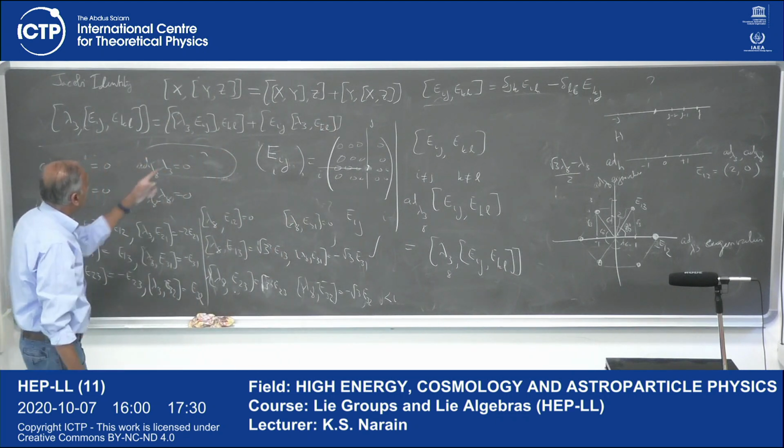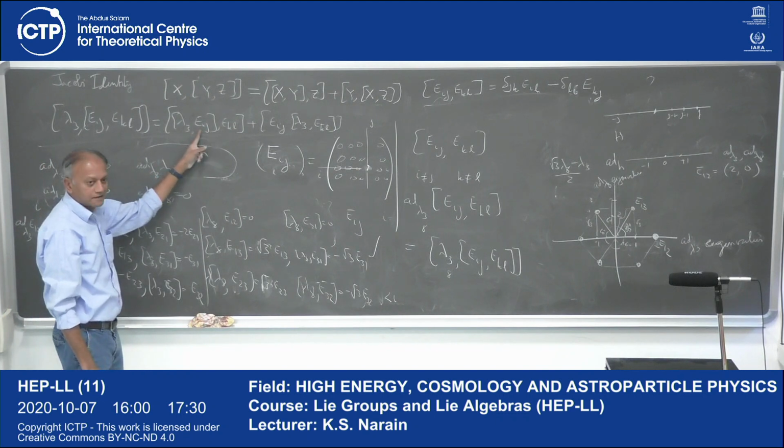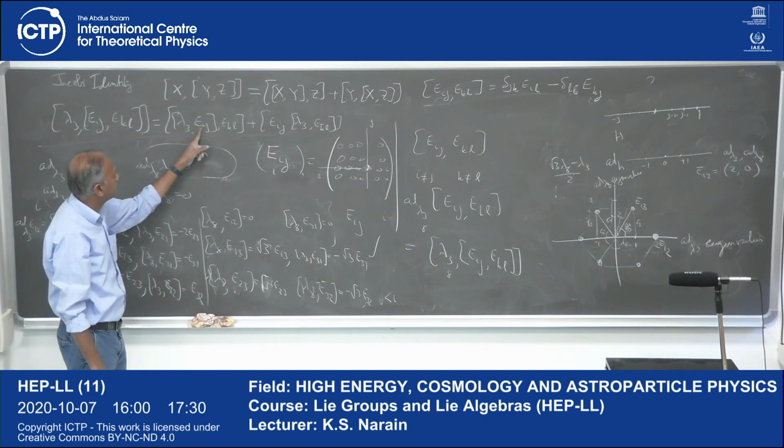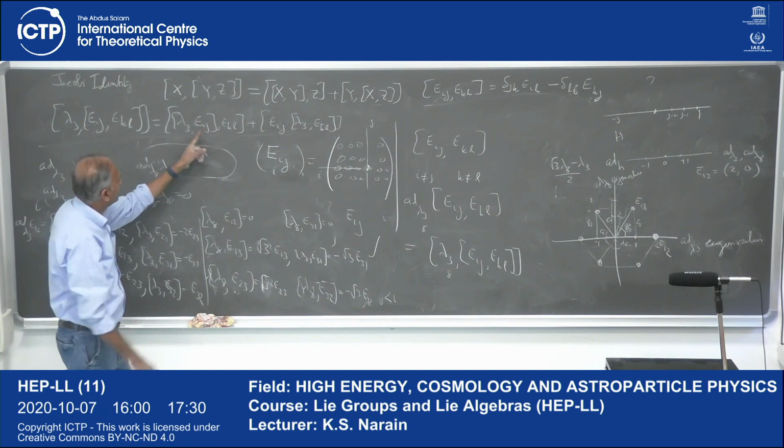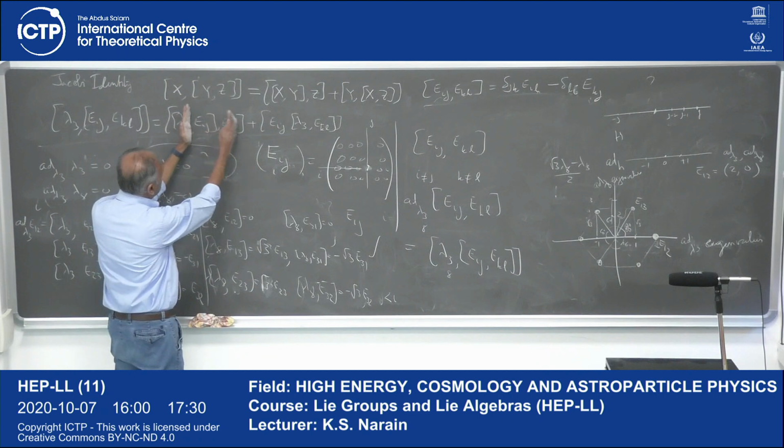But that's great, because this we already know is an eigenfunction, right? So this is going to be some number times Eij. What is left over is that number times the commutator.